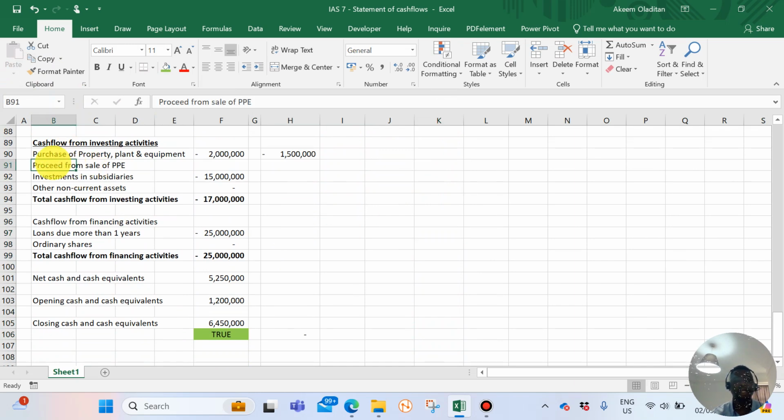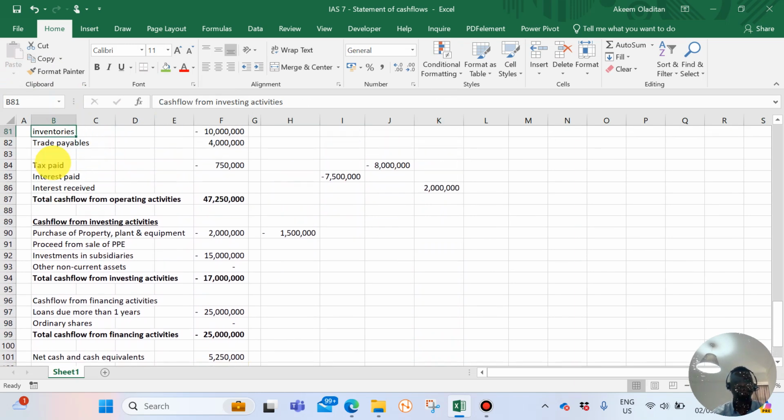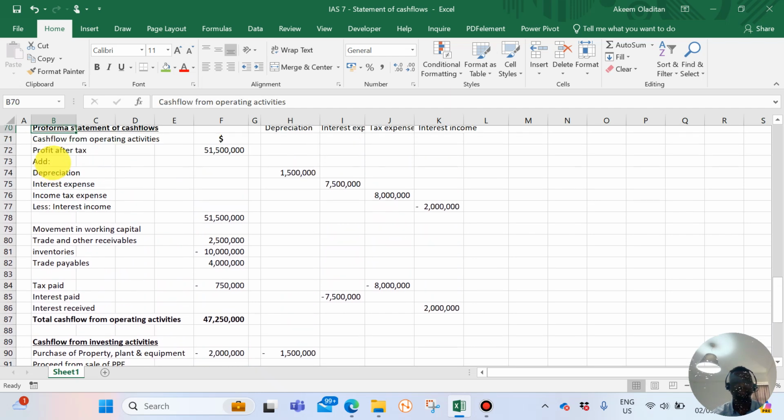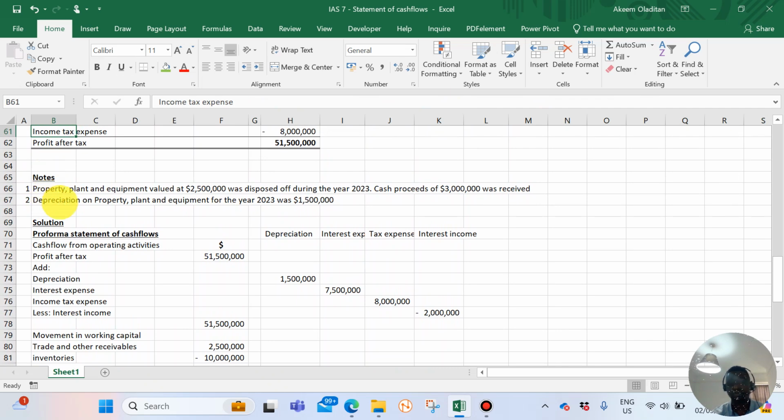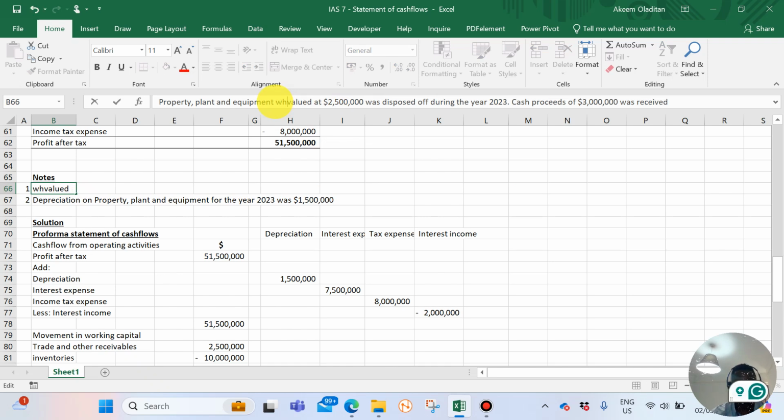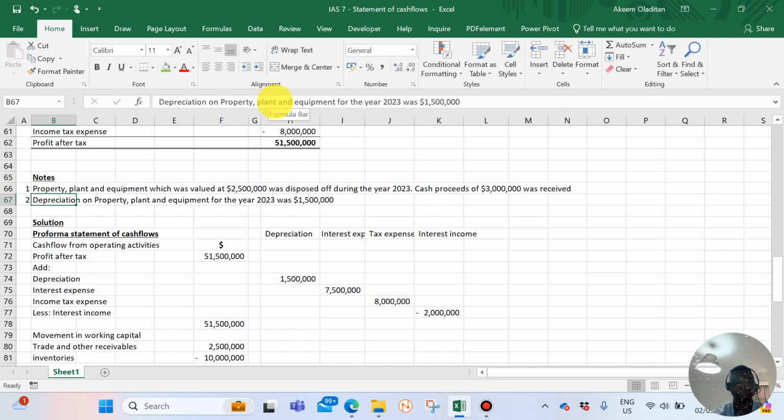So I think there's still more that we haven't done. There's still more. Depends on what the question says. So now we have this. The question says property, plant and equipment which was valued at $2,500,000 was disposed of.